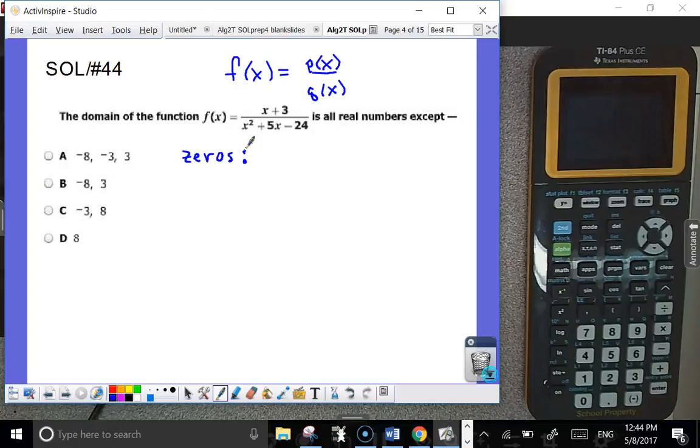If a fraction equals 0, which part of the fraction equals 0? The denominator? If the denominator equals 0, it's undefined. The numerator's got to be 0, right? It's when you have 0 divided by a non-zero number, that's what equals 0. So if we want to know what the zeros of a whole rational function are, we've got to find the zeros of the numerator.